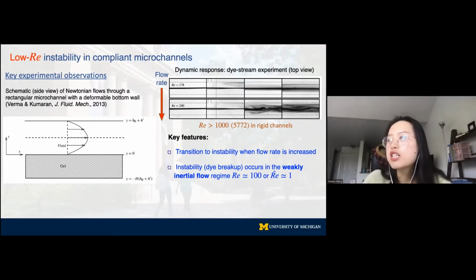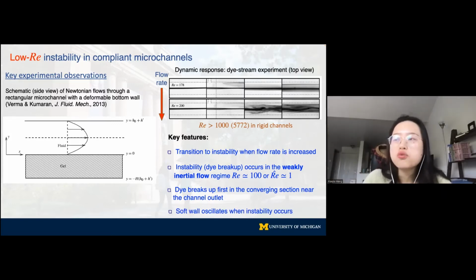I will give more details about the reduced Reynolds number later. And thirdly, they always observed that the dye broke up first near the channel outlet. And lastly, they also reported that the compliant wall would oscillate when the instability occurred.